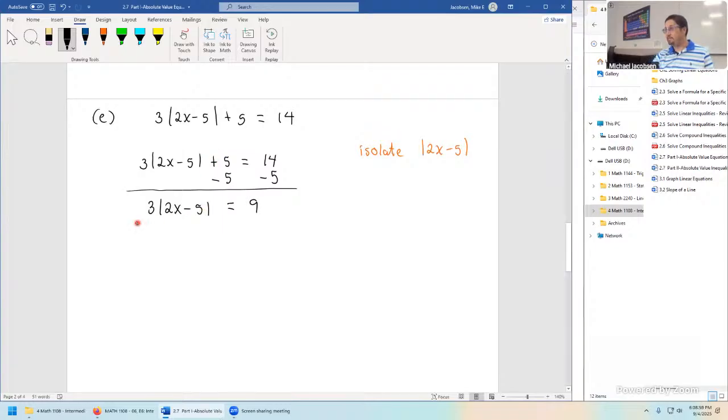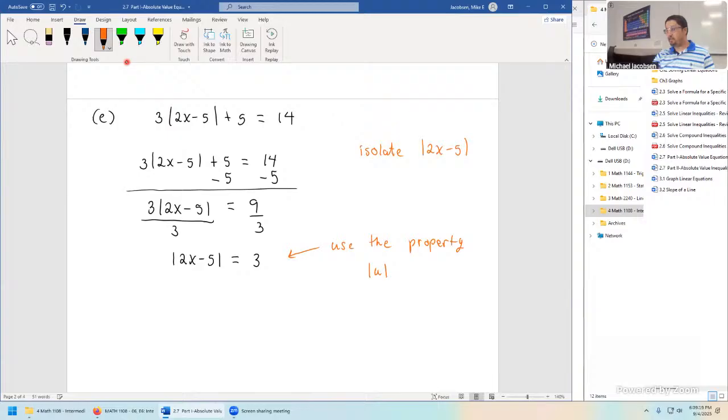Then next step is divide by 3. We have the absolute value of 2x minus 5 is now equal to positive 3. And now here, use the property.